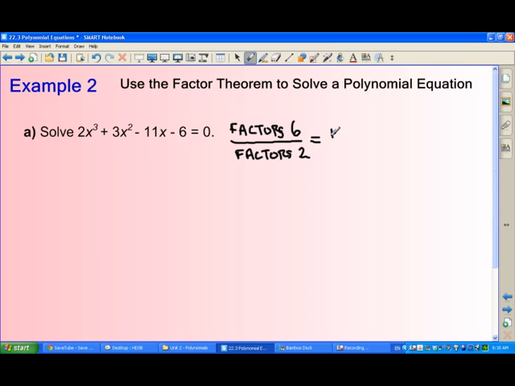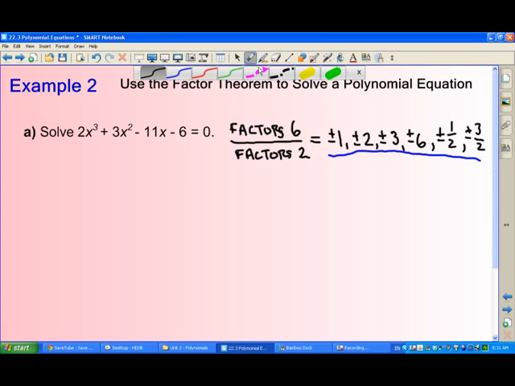I think that'll give me a list of plus or minus 1, plus or minus 2, plus or minus 3, plus or minus 6, and then my fractional factors plus or minus 1/2, and plus or minus 3/2. So these are the factors that I'll test in the polynomial to see if I can get it to equal 0.